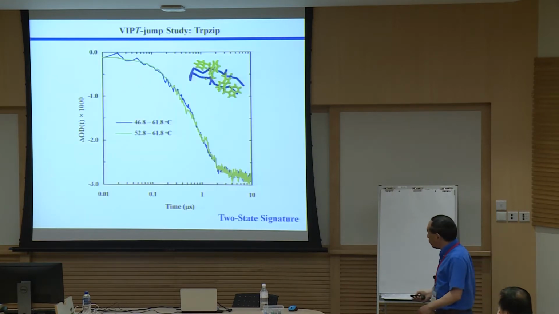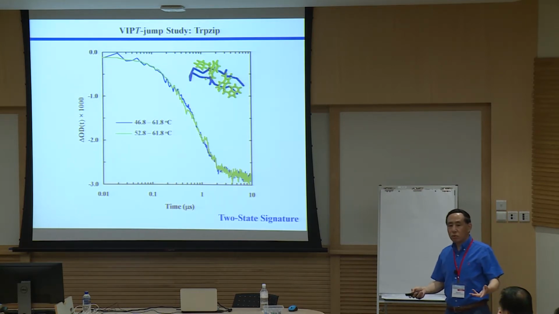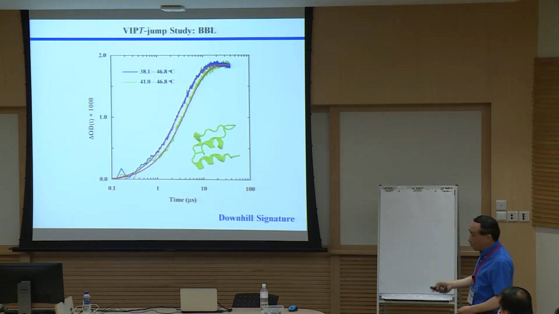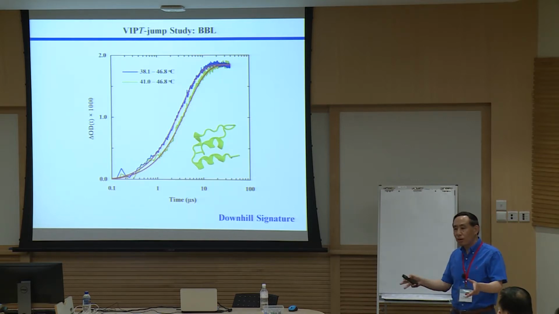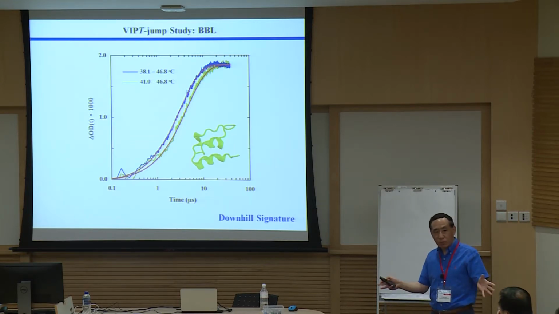So we have done, of course, exercises on model systems, like a beta hairpin. Again, we know that in a two-state manner, of course, you change the initial temperature, you fix the final temperature. So within our signal-to-noise ratio, they relaxed with the same time scale. For BBL, which Victor Munoz has suggested is a downhill folder, another way of saying it is there's not a major barrier separating the folded and unfolded.